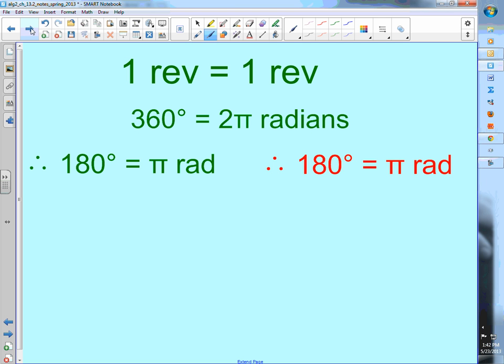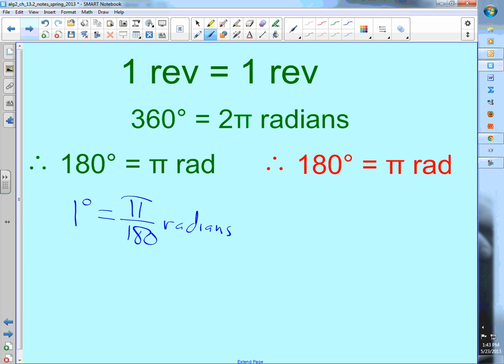If you divide both of these by 2, then 180 degrees is equal to 1 pi radian. If that's true, what will 1 degree be equal to? Pi divided by 180 radians. We're doing algebra again. Imagine that.